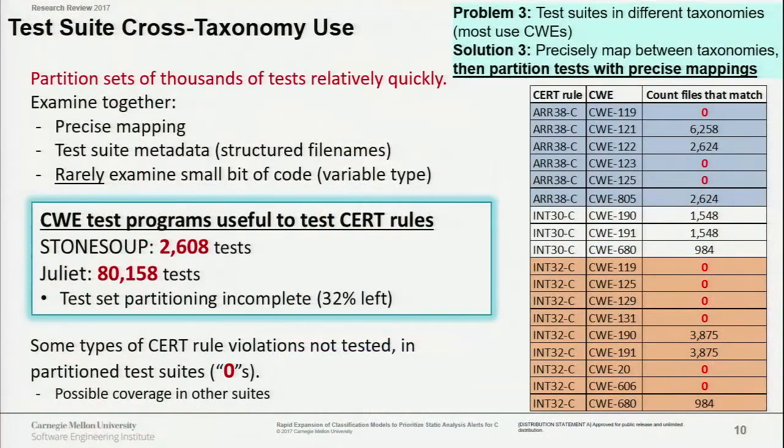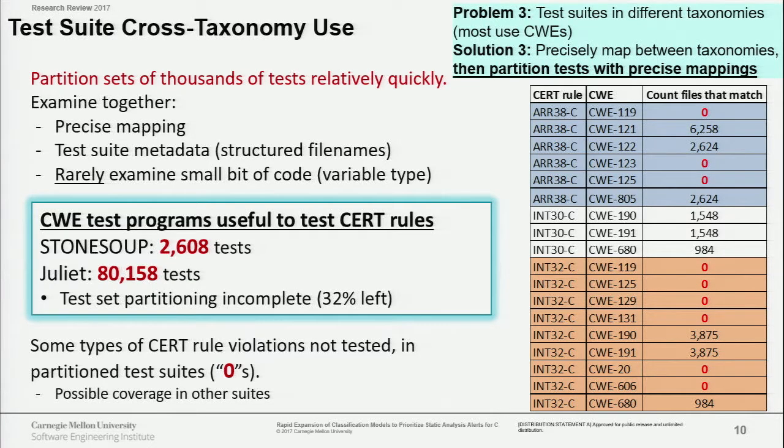Using this method in all, we've been able to identify about 2,600 Stonesoup tests that we can use for making CERT rule classifiers, and about 80,000 Juliet tests that we can use for CERT coding rule classifiers.